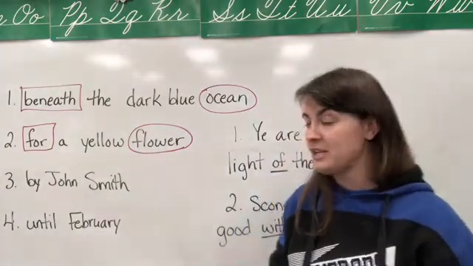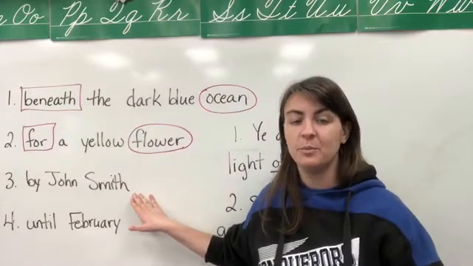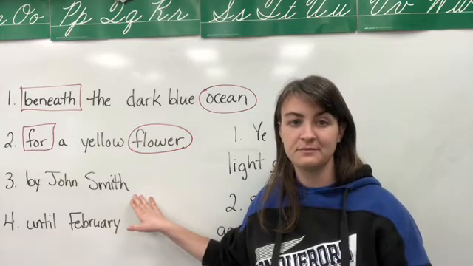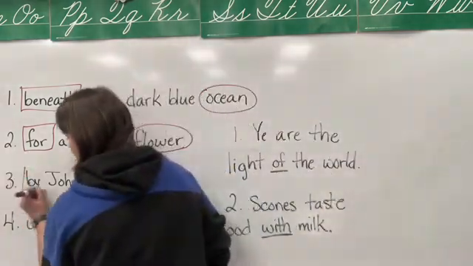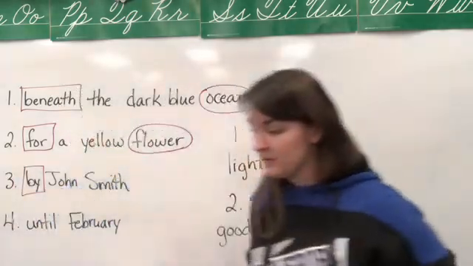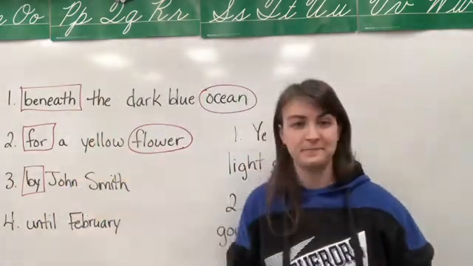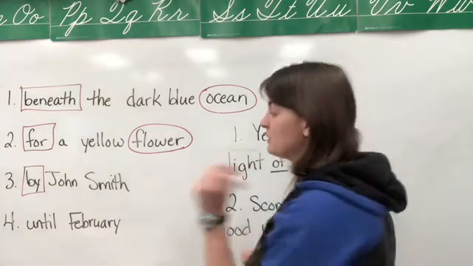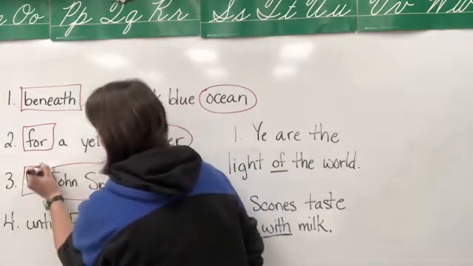All right, phrase 3, by John Smith. What is the preposition that we want to put a box around? That's right, the word by. And what are we going to circle here as the object of the preposition by? That's right, we're going to circle John Smith, this whole thing.